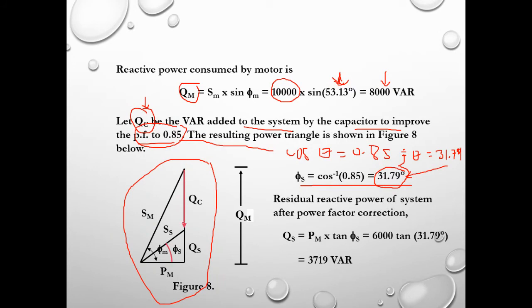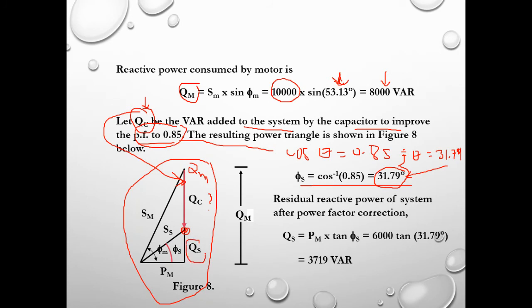So this is how the new power triangle looks. The QC we just injected causes the reactive power to be suppressed from QM down to QS at this particular point. So how much is QC? We need to calculate the new QS.